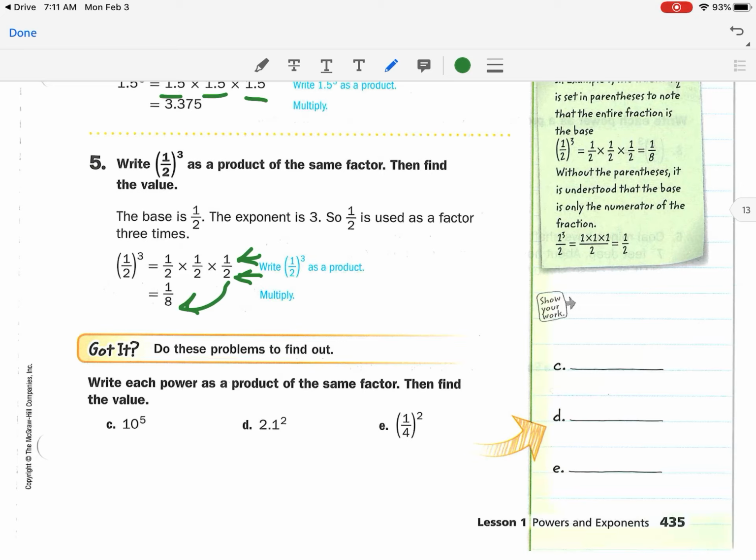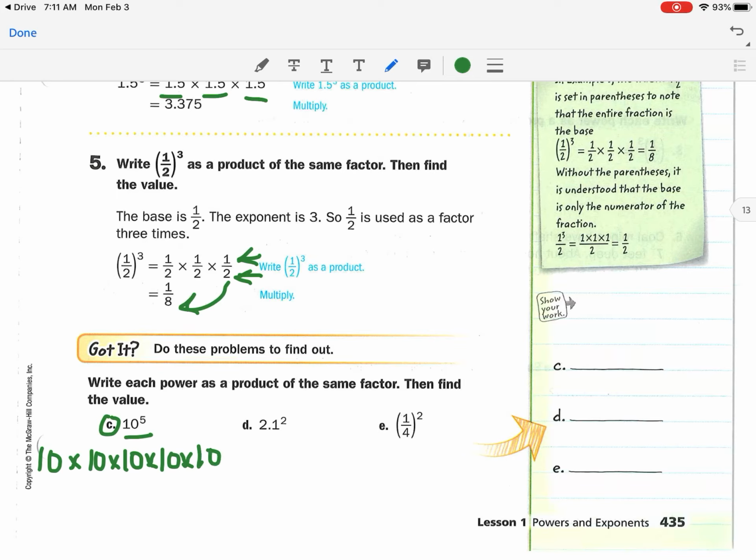So let's go ahead and do this together. It says write each power as a product of the same factor, then find the value. So here's the deal. We're not just going to go ahead and put our calculator 10 times 10 times 10 times 10. You have to write it down so you don't make the mistake of going 10 times 5. So 10 to the fifth is really 10 times 10 times 10 times 10 times 10.